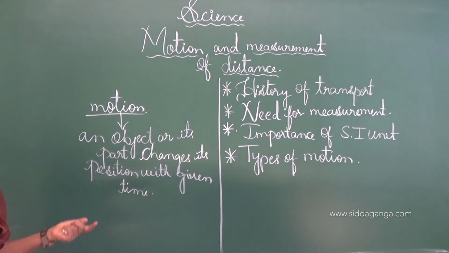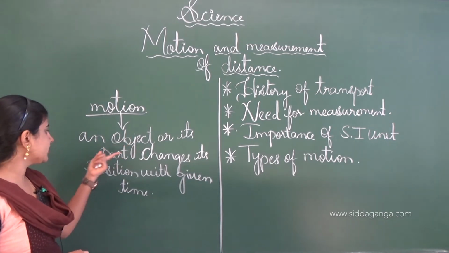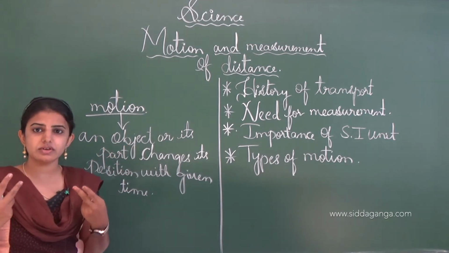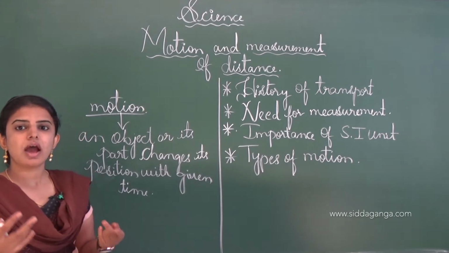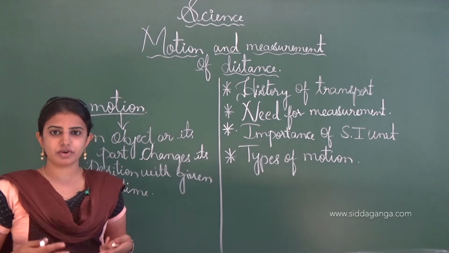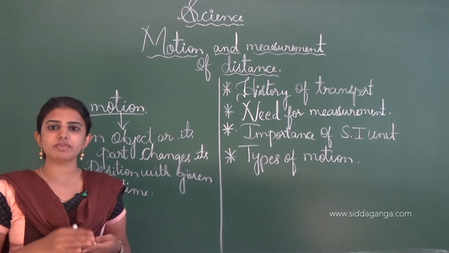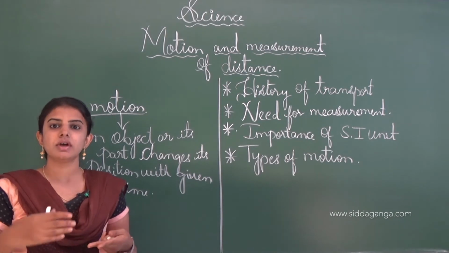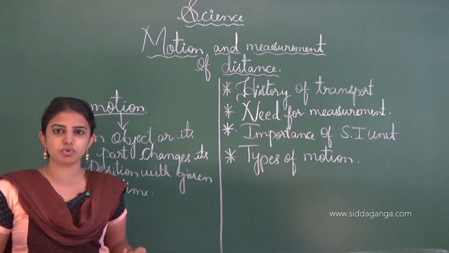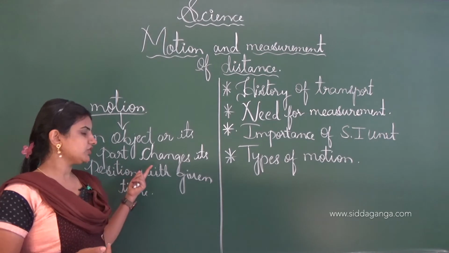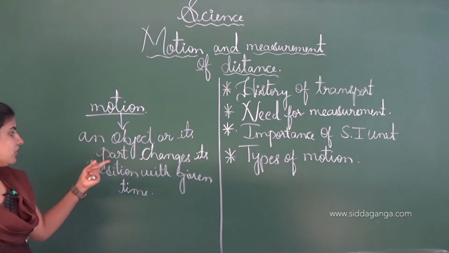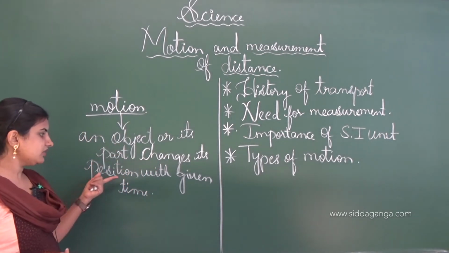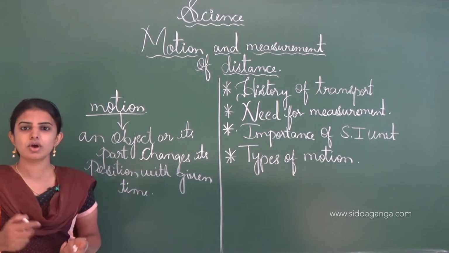What is the meaning of motion? An object or its part, whatever the object may be, even in our body, if at a particular time a part of the body is moved, then we call it motion. Here also, the object or its part changes its position with the given time is called motion.